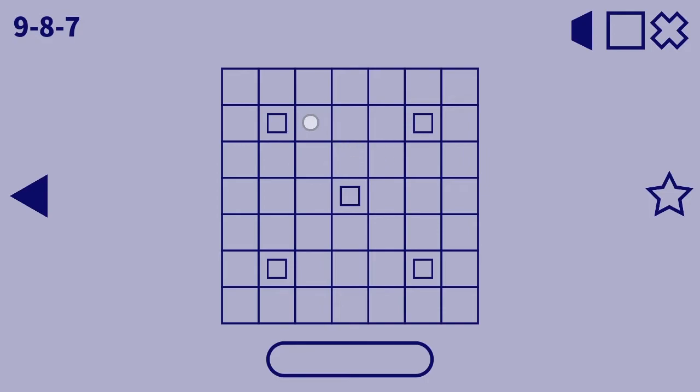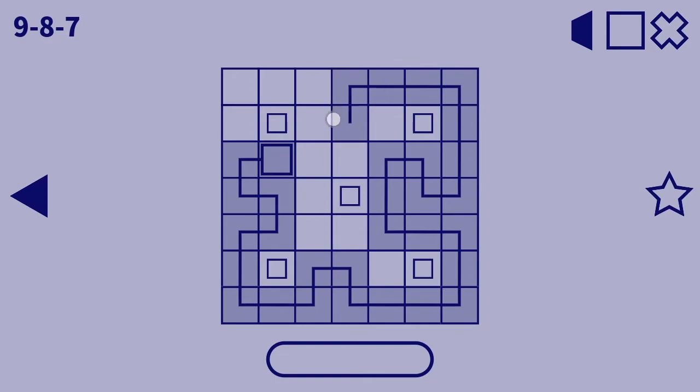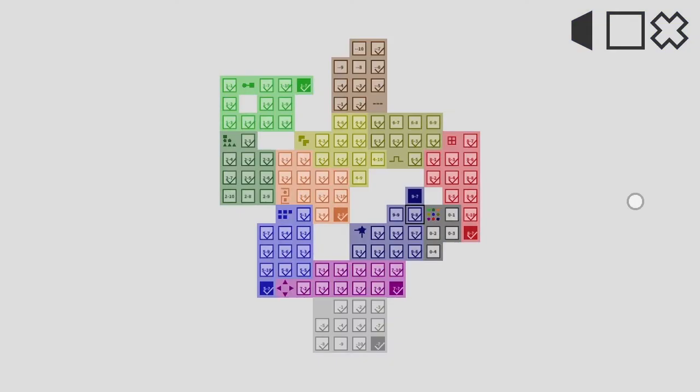No, just a more complicated one, probably. Wait, actually this one might be simpler. Okay, that's a bit annoying. That's okay. Okay, hold on. Then that. Then that. Yay.